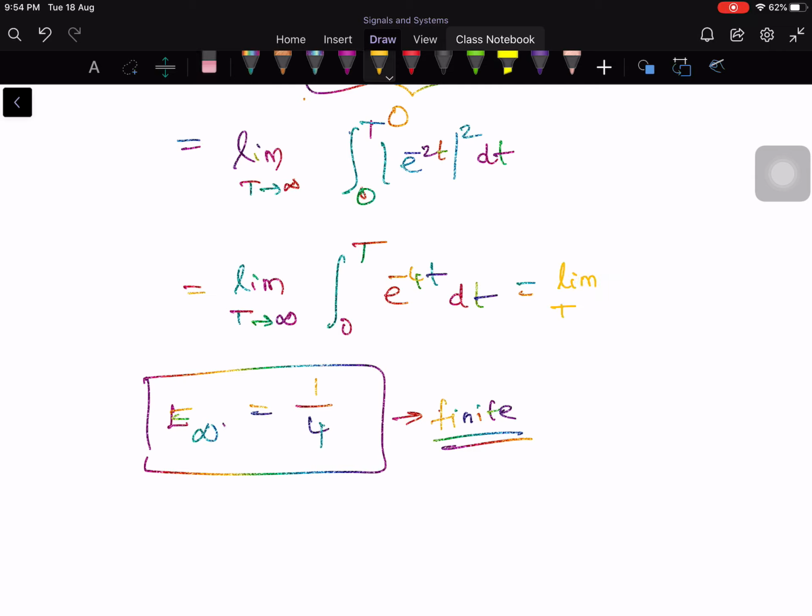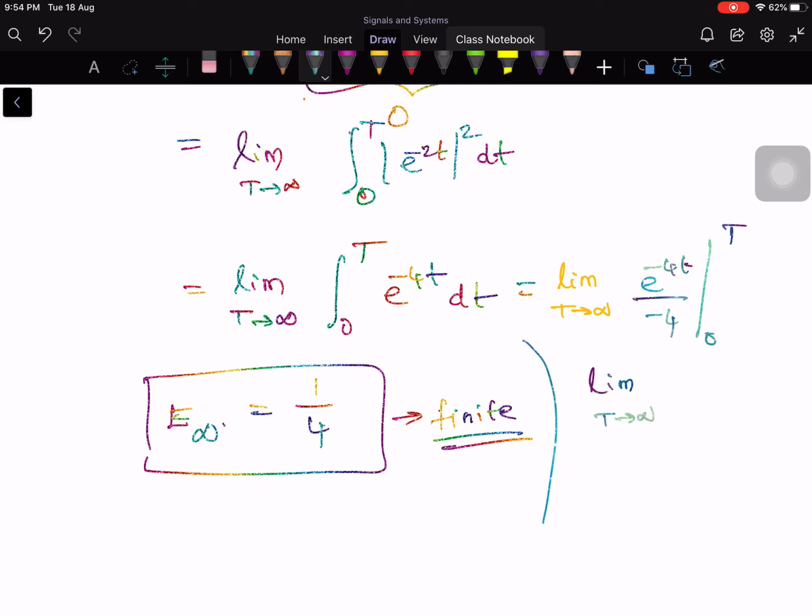Limit T goes to infinity, this is e power minus 4t over minus 4, and the limit is 0 to T. Then limit T goes to infinity.